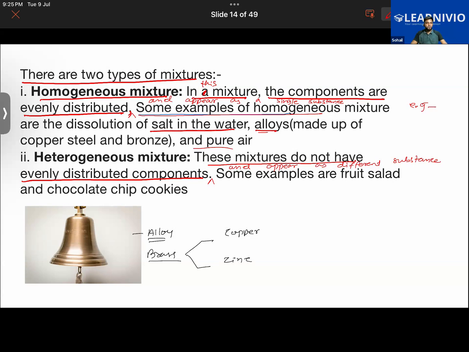Homogeneous. Okay. For example, tomato soup? Homogeneous. Good. For example, a fruit salad, or milk and cereals? Heterogeneous. Right? So I hope you guys have understood that.